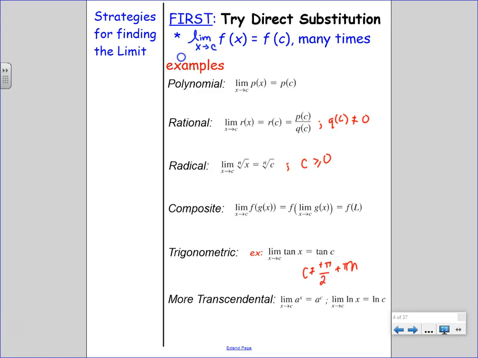So trig is going to work as long as they are not at vertical asymptotes, and you know that hopefully from your basic graphs. Exponentials will work as well, except logarithms. I'm reviewing domain problems at the same time. What does C need to be? Positive. Good. Greater than 0. Positive but non-zero.